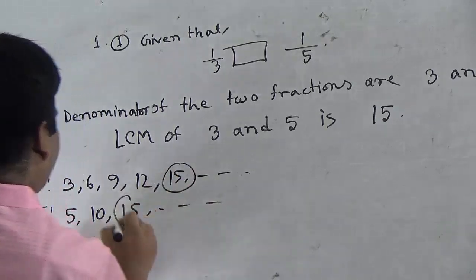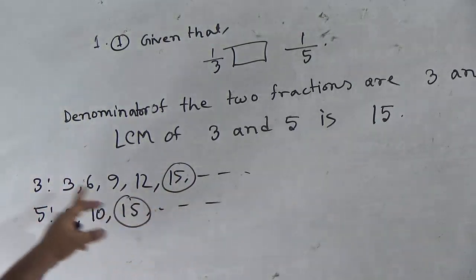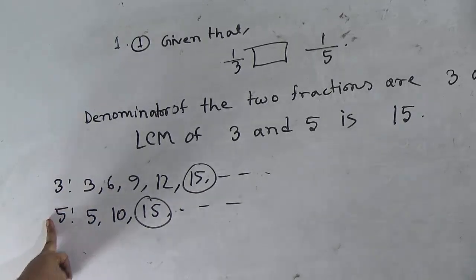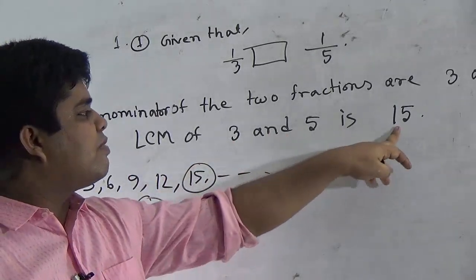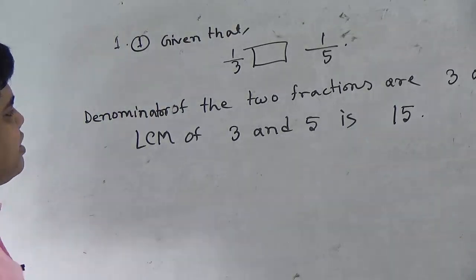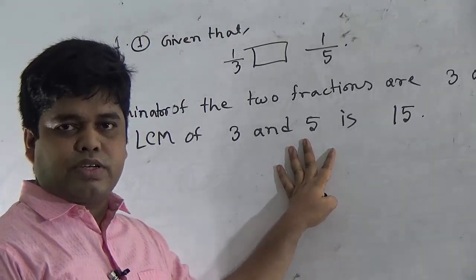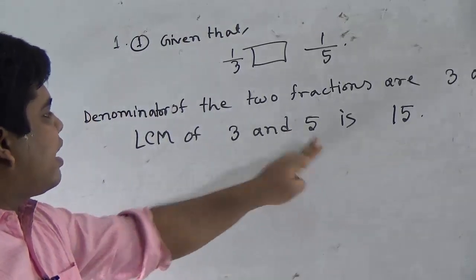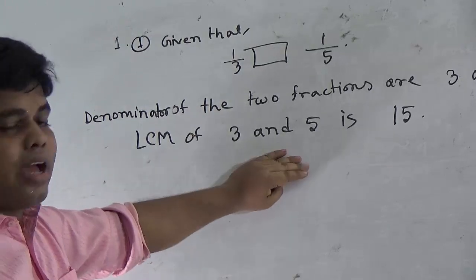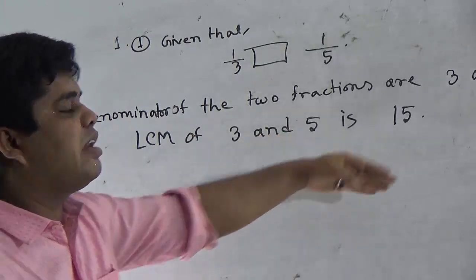Here 15 is the common multiple of 3 and 5. So it is the least common multiple of 3 and 5. So the LCM of 3 and 5 is 15. You can use another way to find the LCM if there is no common divisor between two numbers. Here 3 and 5, the only common divisor is 1. So if two numbers are like this, then you multiply these two numbers and you get the LCM.